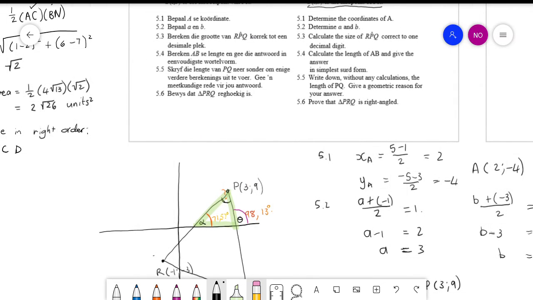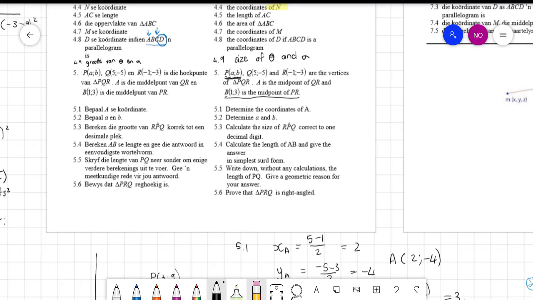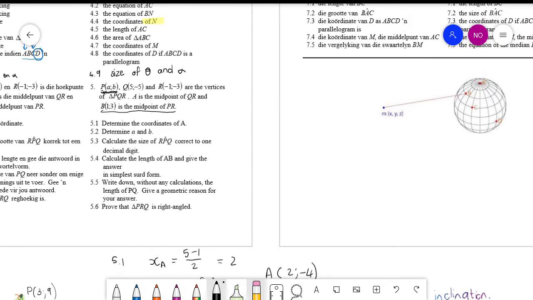Then they say to you calculate the length of AB and give your answer in the simplest form. So for that one, we will work in simplest surd form. We're going to work over here with A, which we calculated to be (2; -4), and B, which was given to be (1; 3).